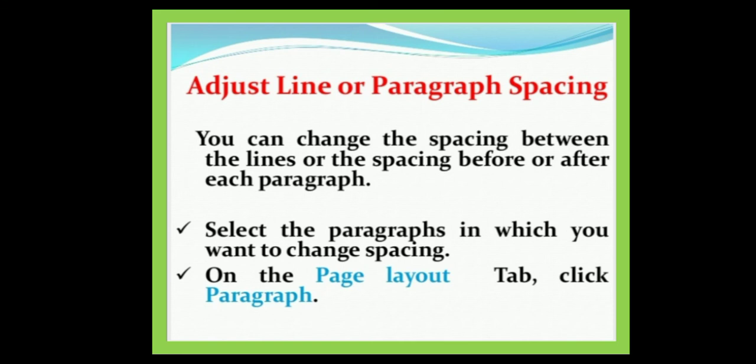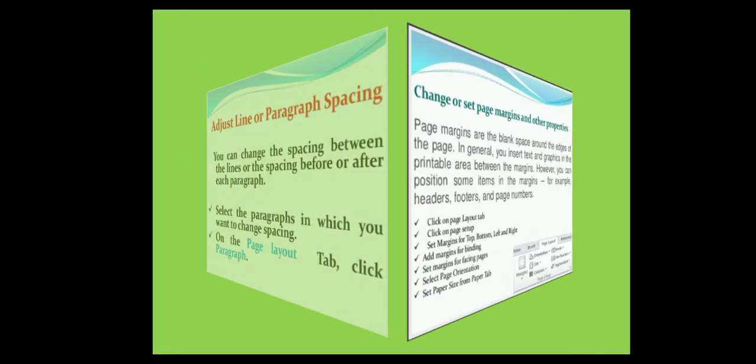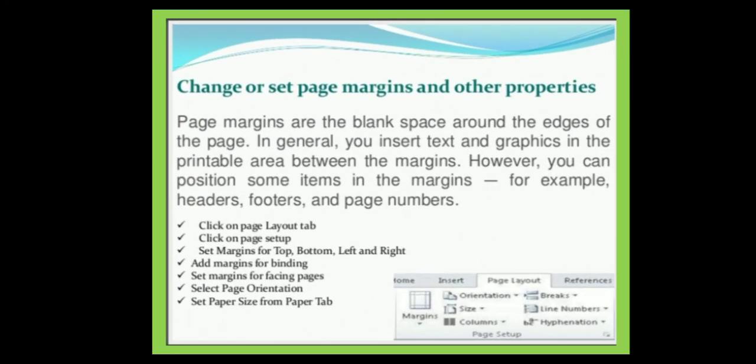Select the paragraphs in which you want to change spacing. Second, on the page layout tab, click paragraph. And when you follow these steps, you can give a sufficient distance between two lines or two paragraphs.